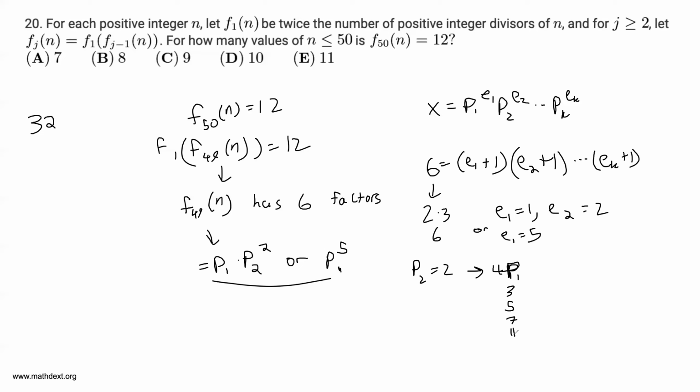And it can't equal anything higher because think about it. For numbers less than or equal to 50, no matter how many times you apply f, there will never be a number where f of something is greater than 50. And that's just a pure fact, right?